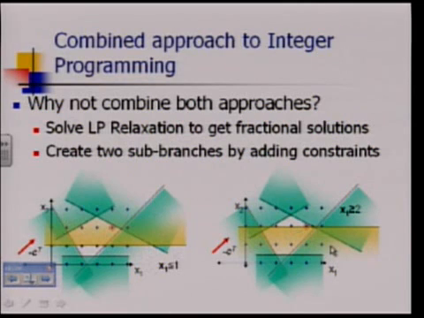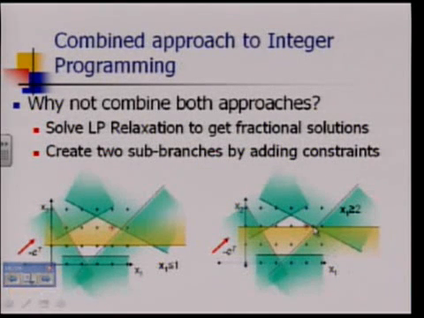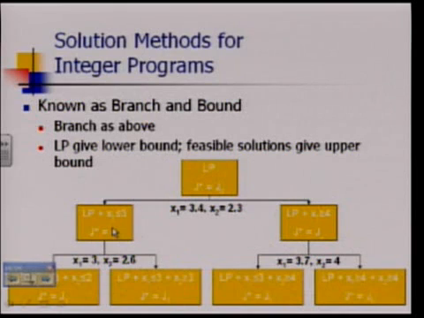And then you have these two solutions. And basically, when you have the optimal solution that can be bounded within these two ranges, then you have the integer programming solution based on this branch and bound technique.